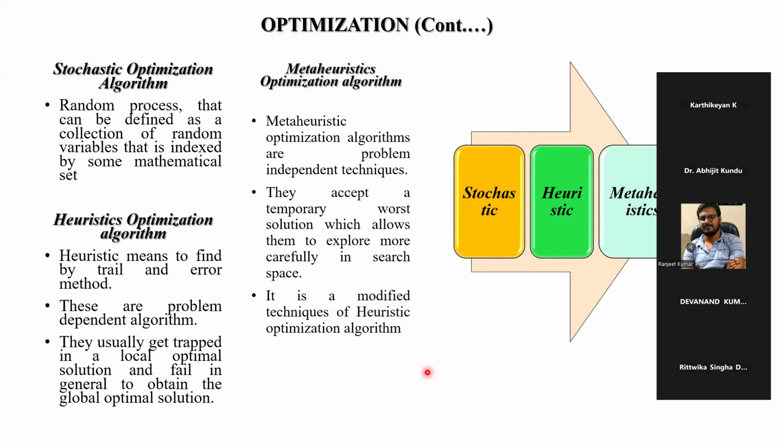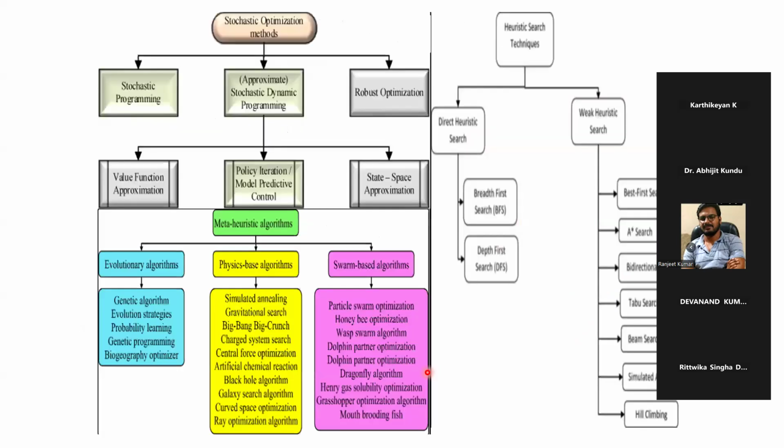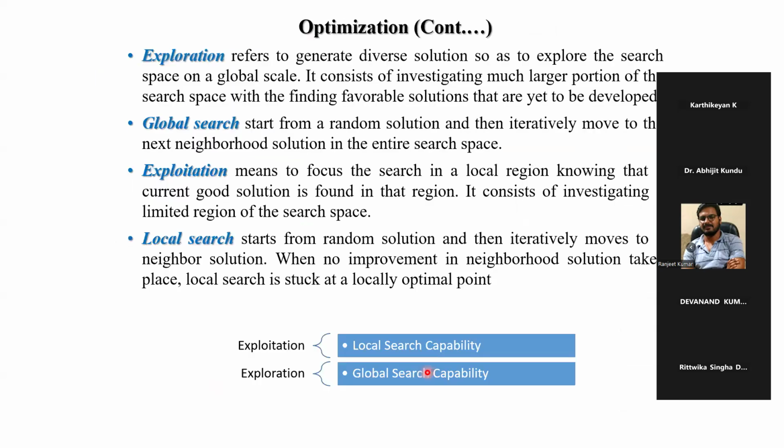Not only like that, we can also find faults. If a fault occurs anywhere in a transmission line, distribution line or any power sector, we can easily identify the fault or the location of the fault using this optimization technique. In this slide we can see that there are several types of optimization techniques.